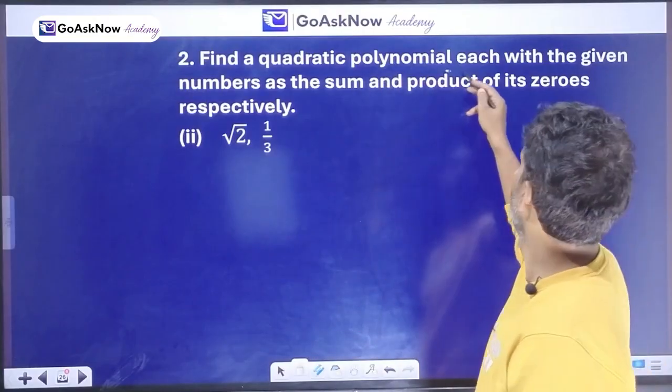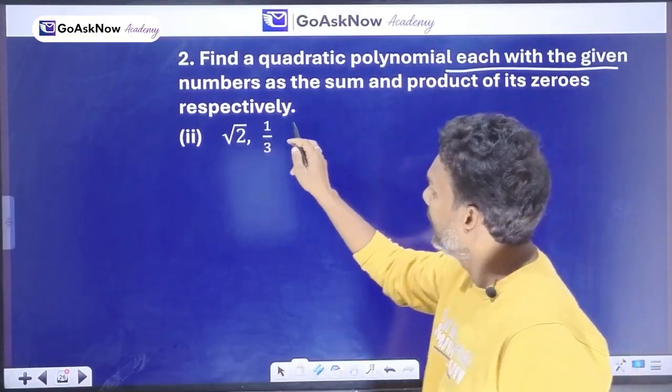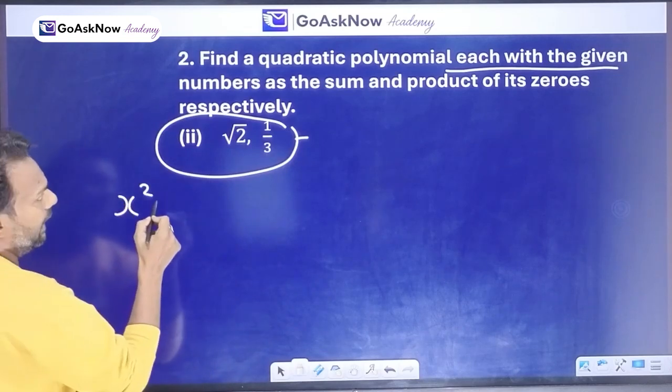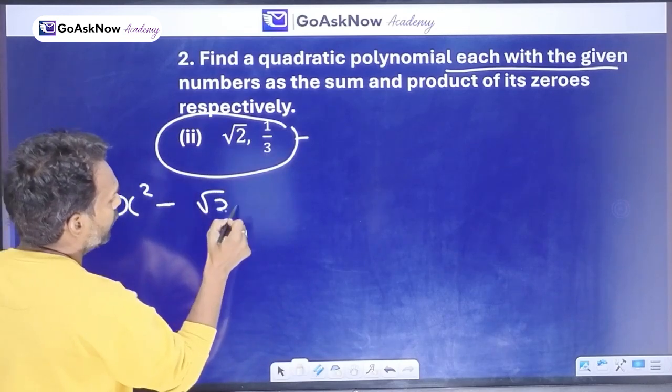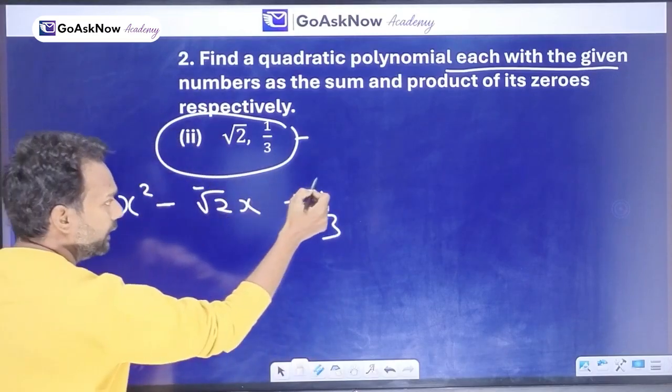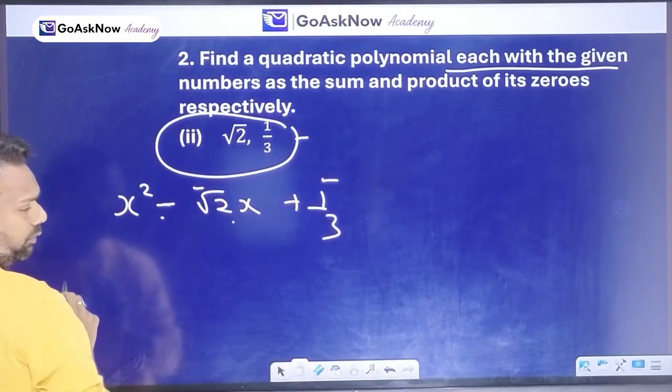Find a quadratic polynomial each with the given numbers. Okay, this is the sum of roots and this is product of roots. Now, x square minus root 2 x plus 1 by 3. This is sum of roots and this is product of roots, so minus sum of roots. Okay.